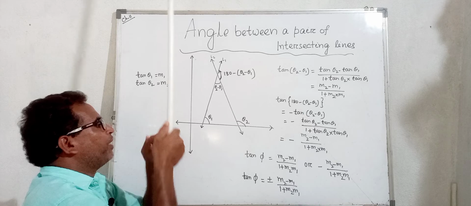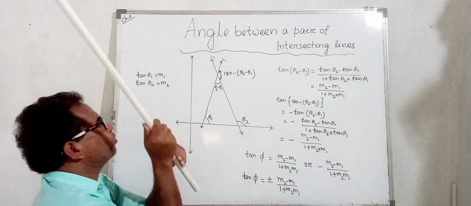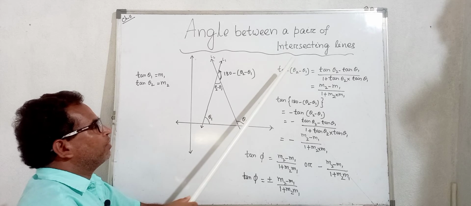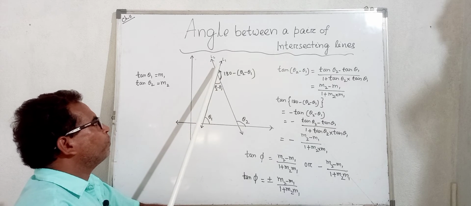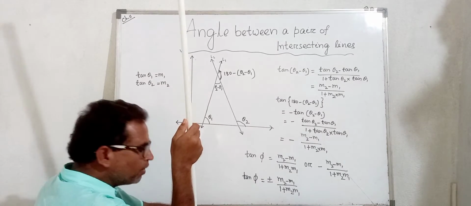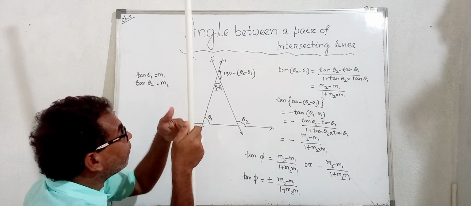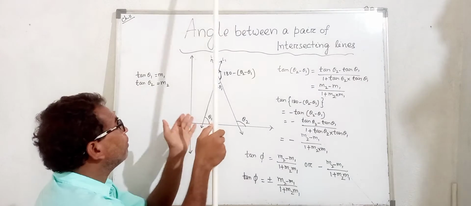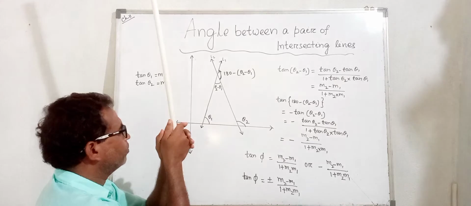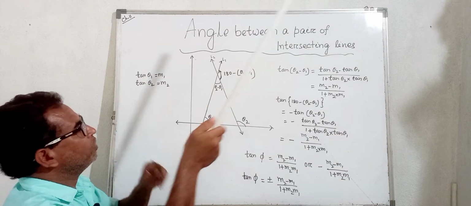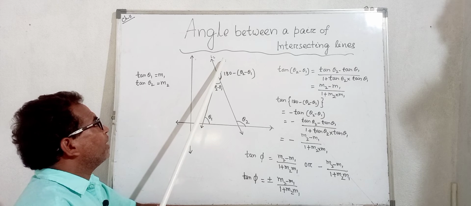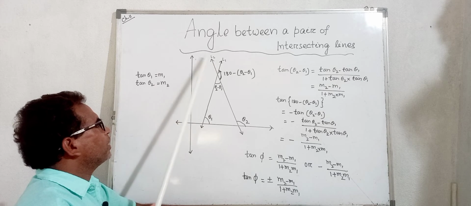Here the slopes of two lines are given. So how can we find the angle between two lines? You should understand, here I have drawn the L1 straight line and here the L2 straight line.